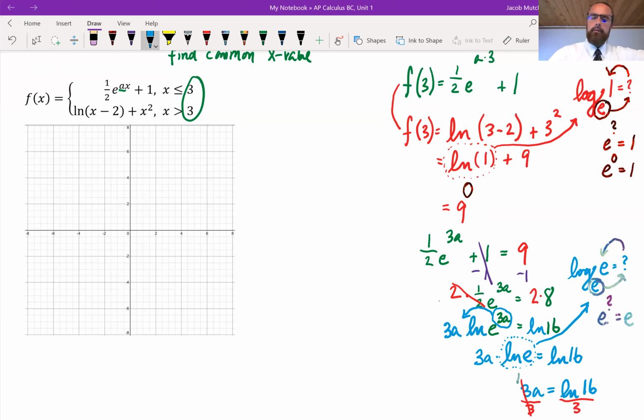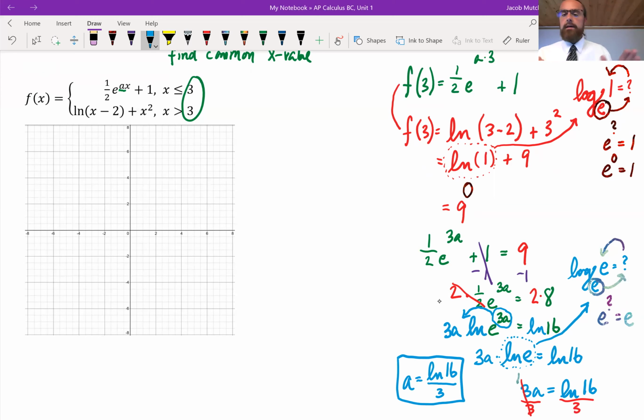I'm going to take it over here to the side. A equals the natural log of 16 divided by 3. And we might be tempted to try to simplify that further. That is definitely going to be an irrational number, a long decimal. So I'm just going to leave it as that.